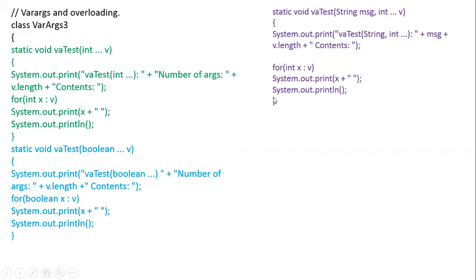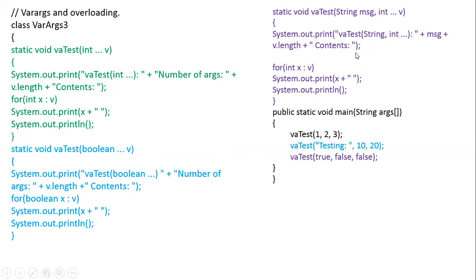Then the third definition of the same method name accepts one string argument and an integer variable length argument here and just displays the content received. When we are passing three integer parameters, then this definition of this method will be invoked and this part of the code will be executed.